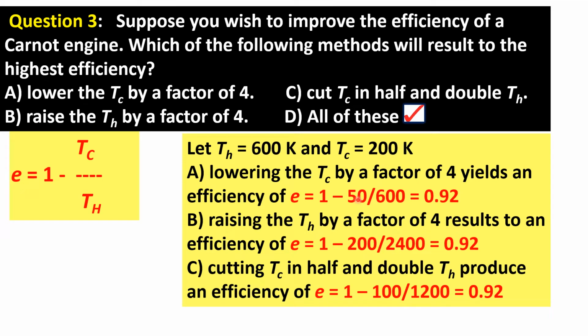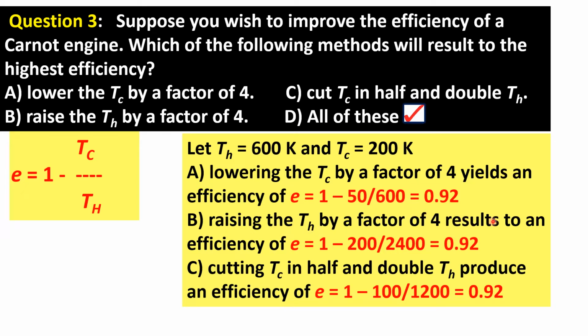So using the formula, E is equal to 1 minus 50 divided by 600 Kelvin, the result is an efficiency of 0.92 or 92%.